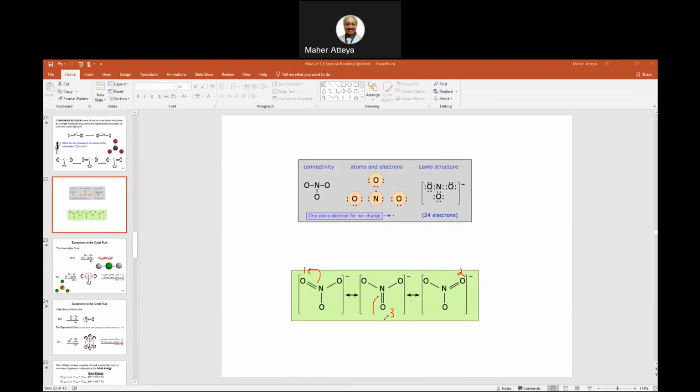Here is now number 3. Here is number 2. So the double bond is moving around three stations, or 3 places. Therefore, we can expect this one, nitrate, to be a very, very stable anion. Okay.